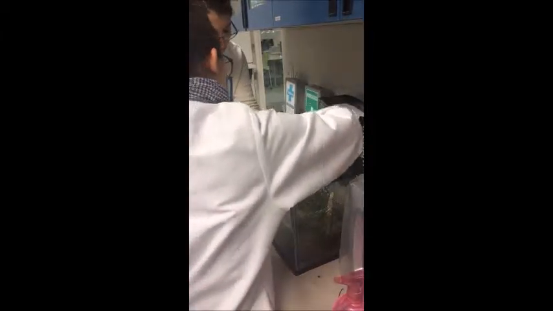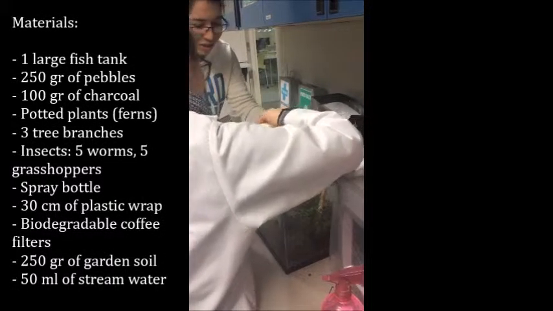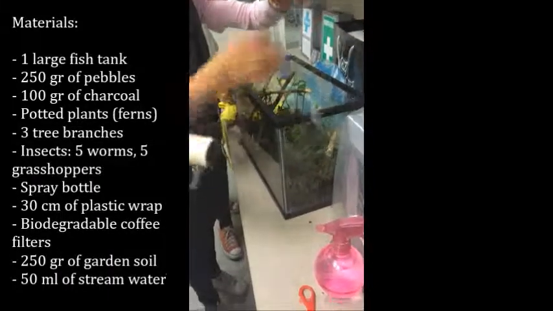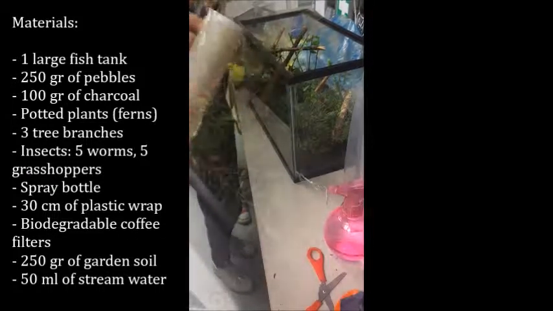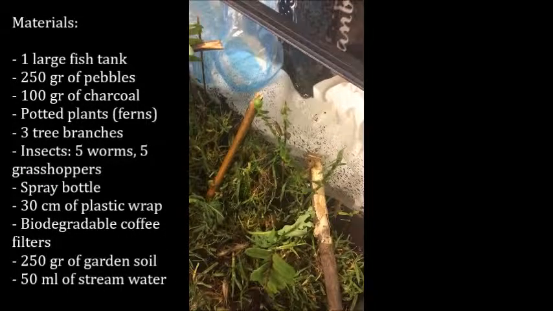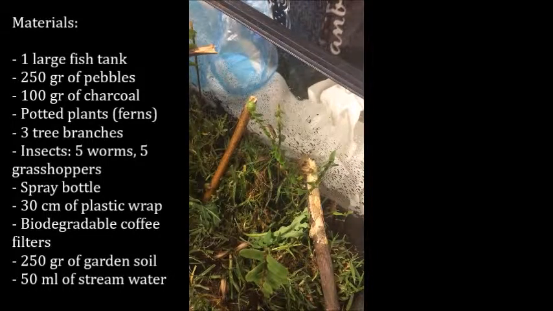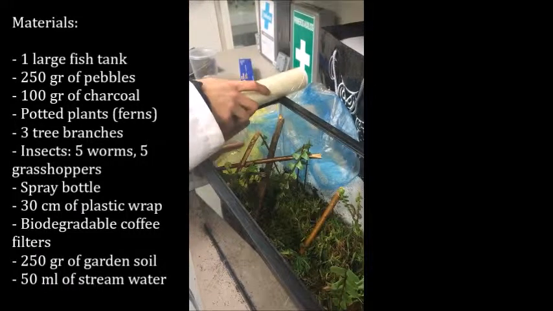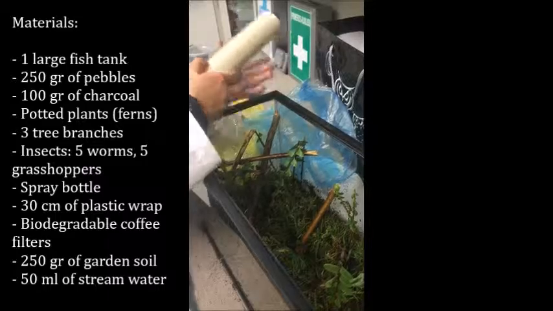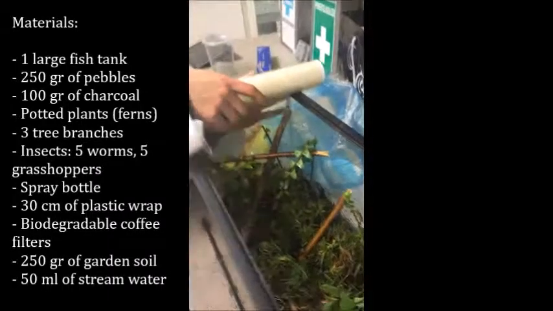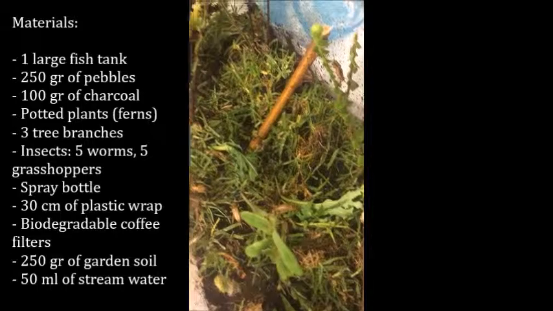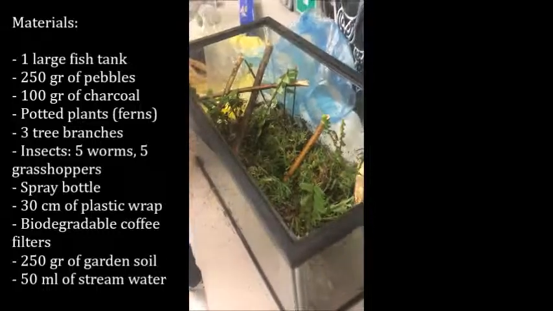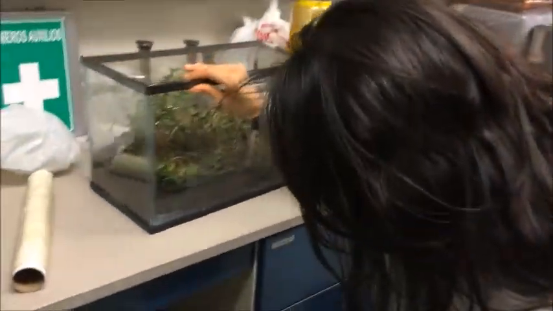The materials we used were a large fish tank, 250 grams of pebbles, 100 grams of charcoal, a variety of potted plants, which were ferns, 3 tree branches, insects that were 5 worms and 5 grasshoppers, a spray bottle, 30 centimeters of plastic wrap, biodegradable coffee filters, 250 grams of soil from our own garden, and 50 milliliters of stream water.